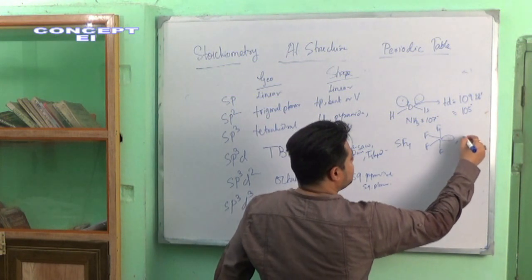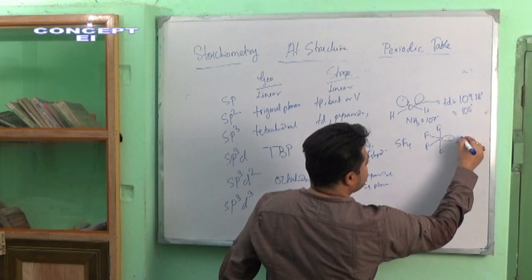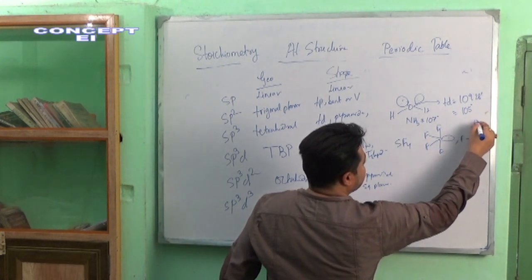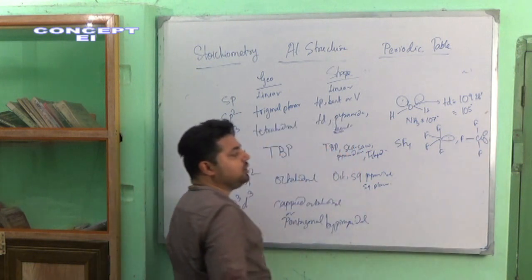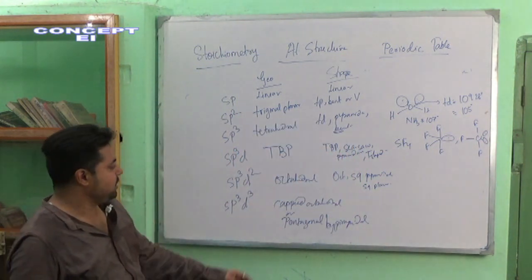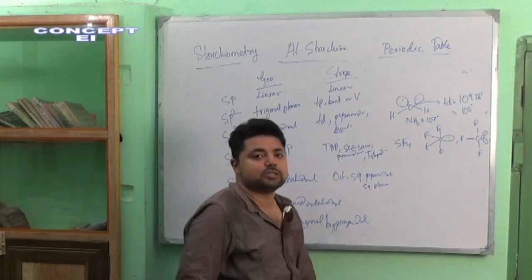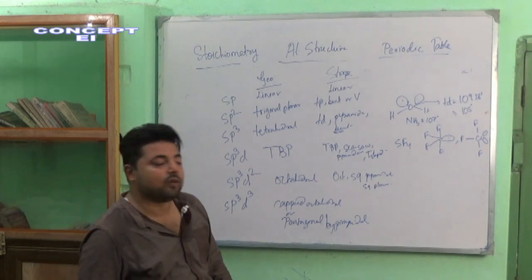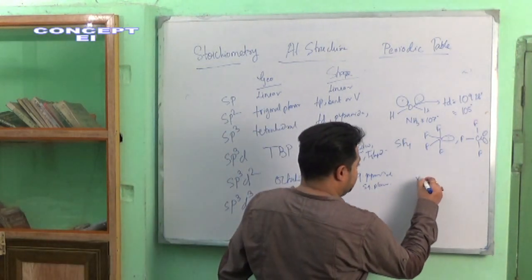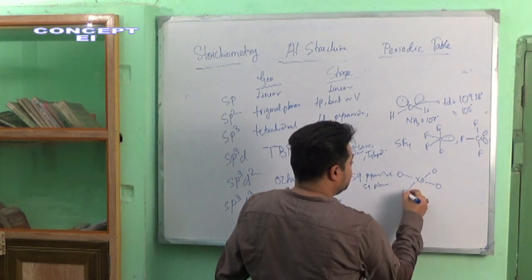Here ClF3. In ClF3 it will have a shape like this, a T-shaped structure. Just like that, sp3d2 and square pyramidal and square planar. You can take the example of XeO5, XeO1, 2, 3, 4.